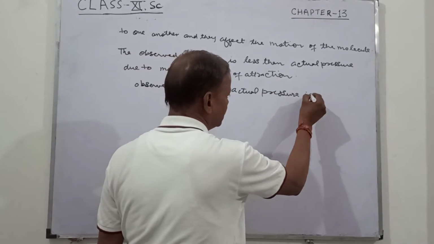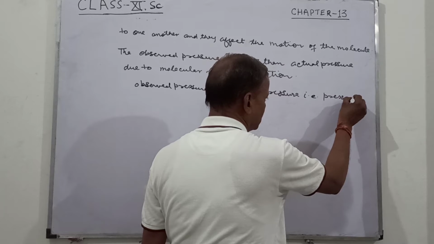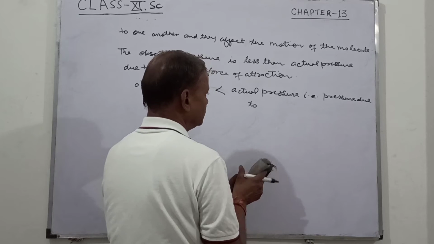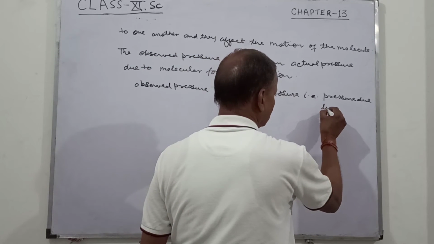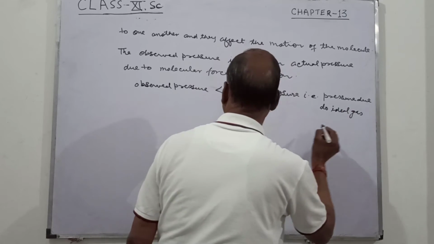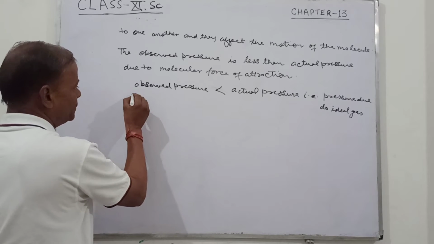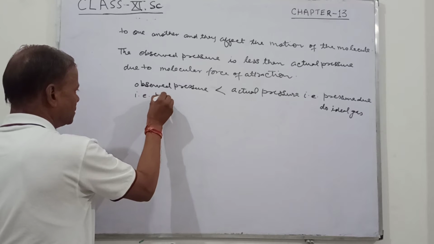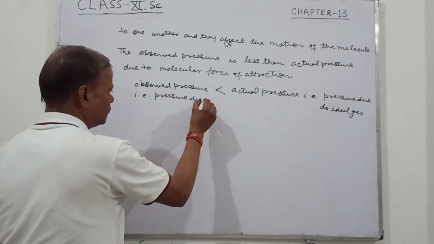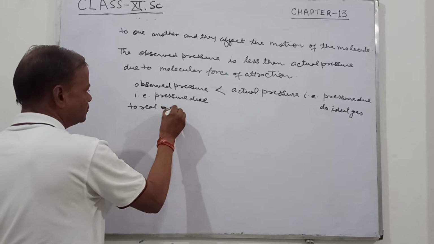Actual pressure means pressure due to ideal gas, and observed pressure means pressure due to real gas.